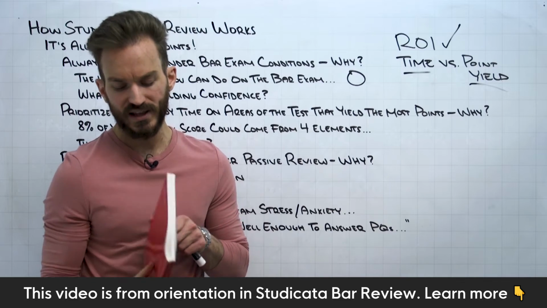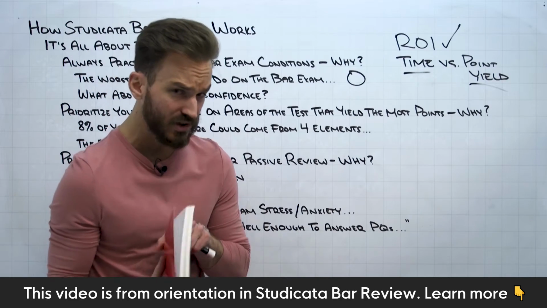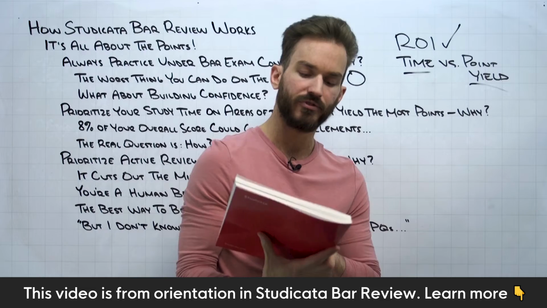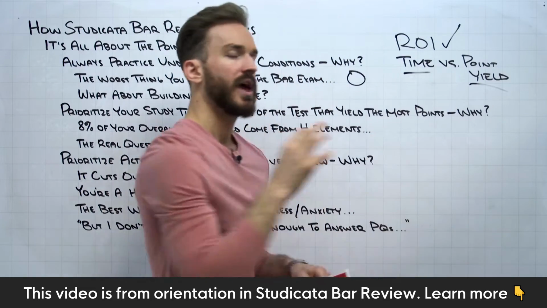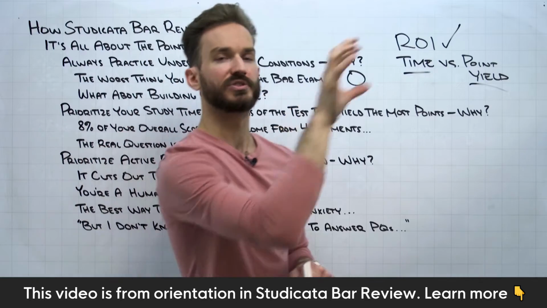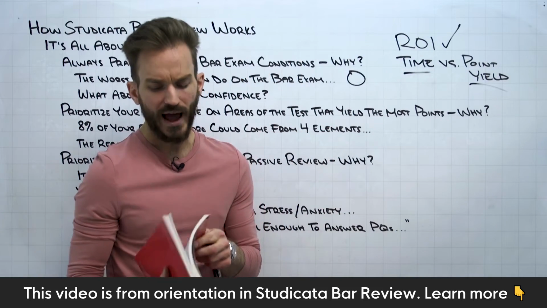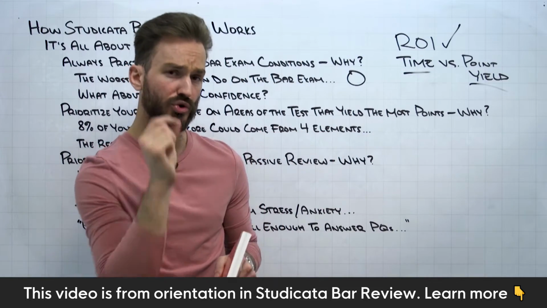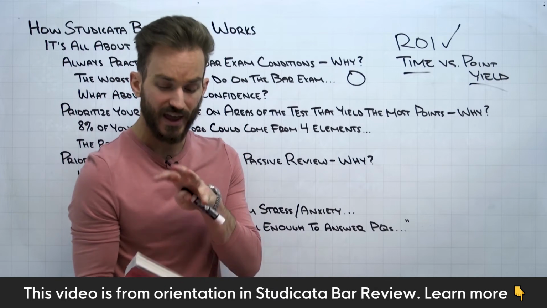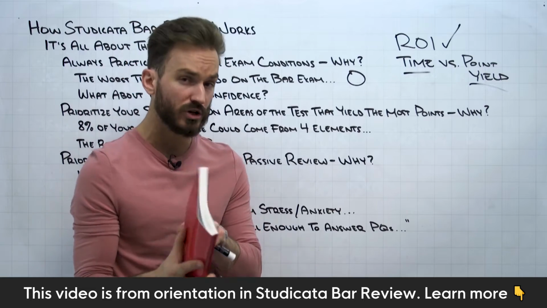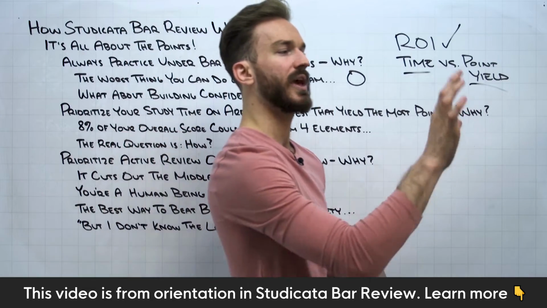Now, as good as this outline is, ultimately it's still a middleman. In order to get from this outline to point yield, points on the exam, it requires you to make another step, right? This outline doesn't necessarily tell you directly how to accumulate points on the bar exam. You have to take this outline and apply what you learn from it to bar exam fact patterns, right?